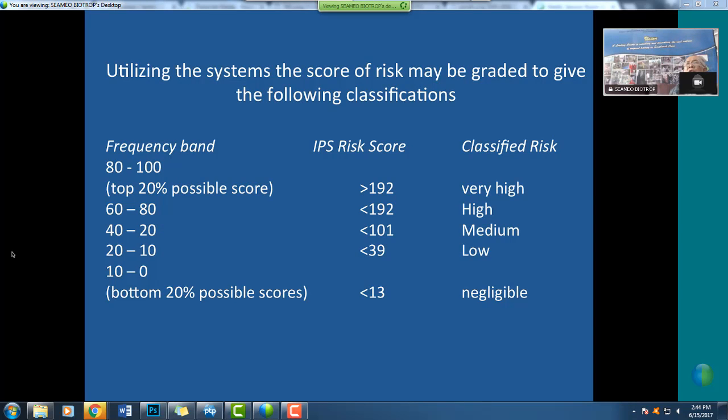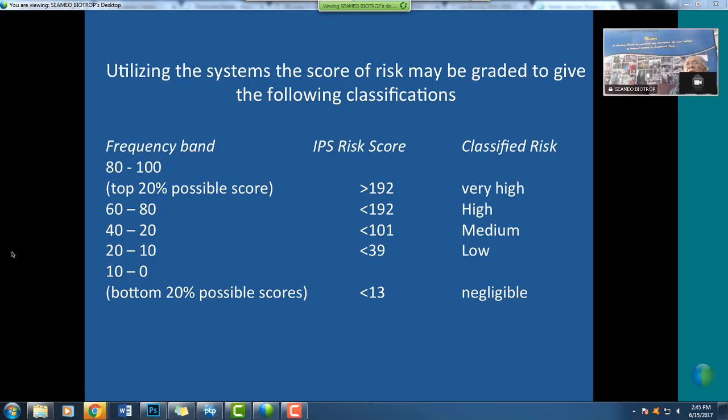Now, after collecting the numbers, we divide the scores into frequency bands. The frequency band is based on the top possible score of 20. If the score is greater than or equal to 192, it is classified as very high risk.